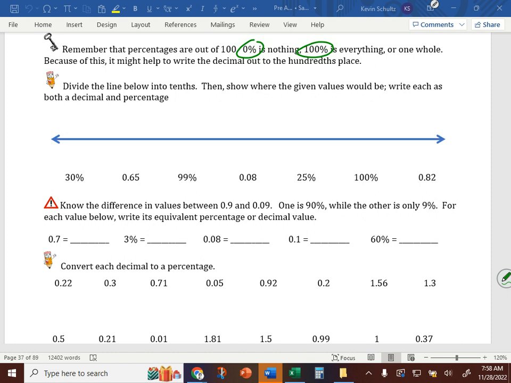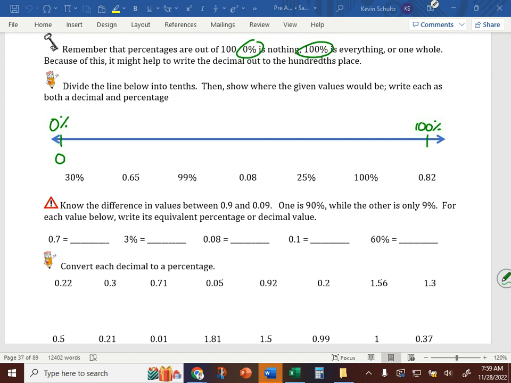And so we're going to divide this line here into tenths. So way over here on the left is 0, which represents our 0%. We'll put that up on top. And way over here on the right, what number would represent 100%? If 0 represents 0%, what number represents 100%? 100% means you have all of something.